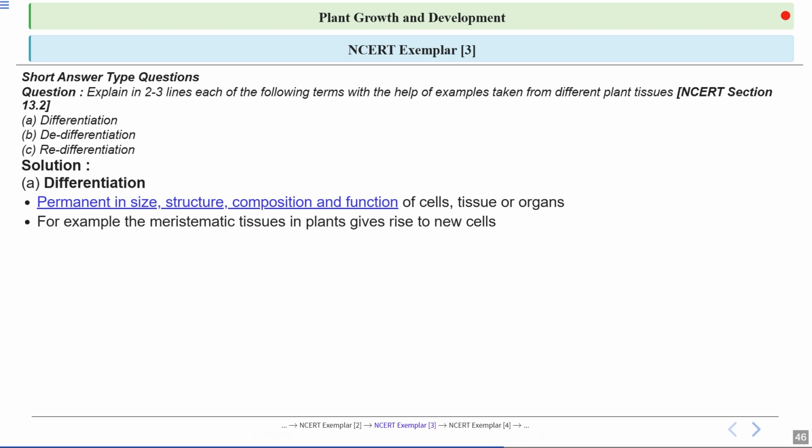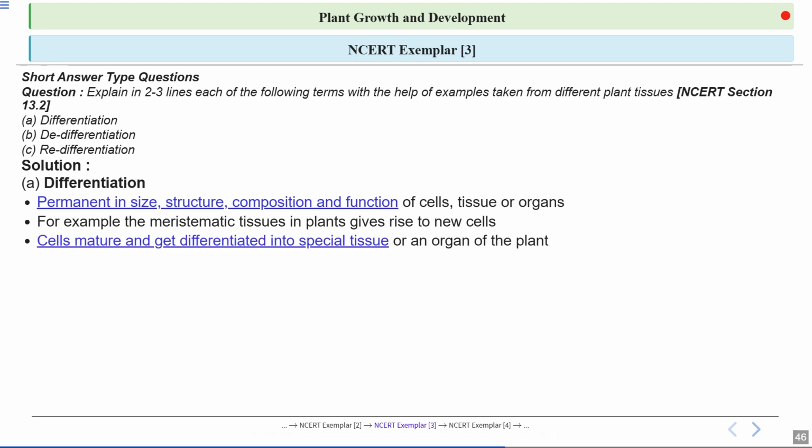Now, if we talk about the example, the meristematic tissue in the plant gives rise to new cells. And these cells get matured, get differentiated and perform a particular function by forming a special type of tissue. So cells distal to the root apical meristem form the root cap.